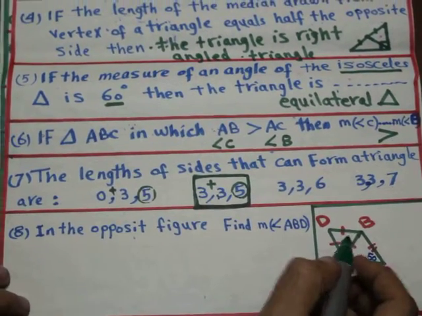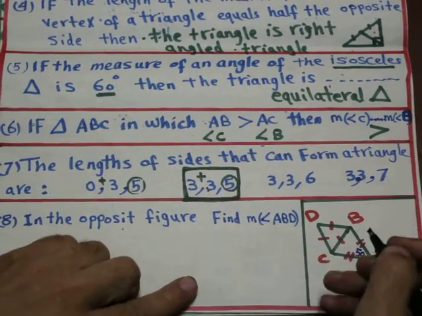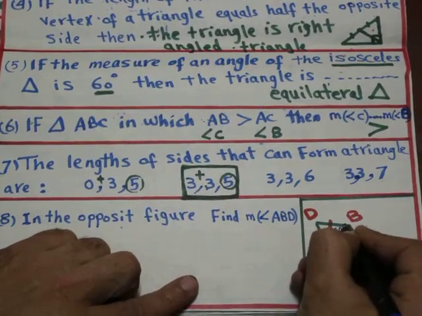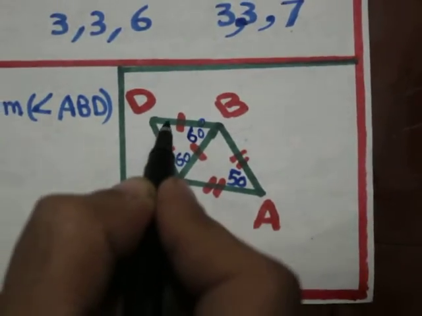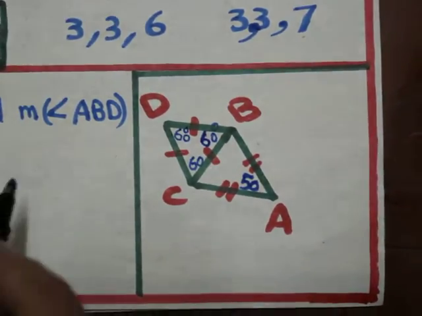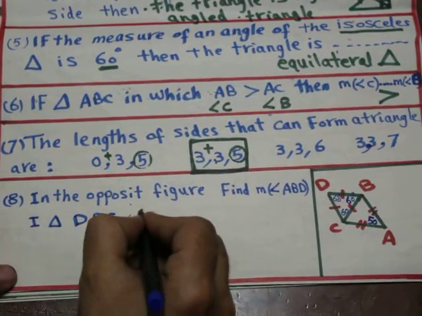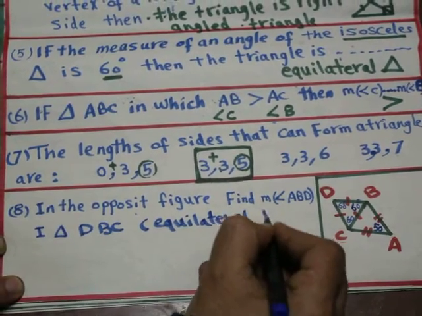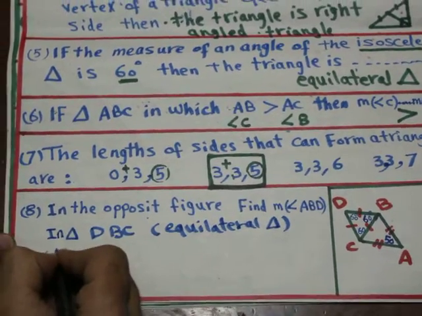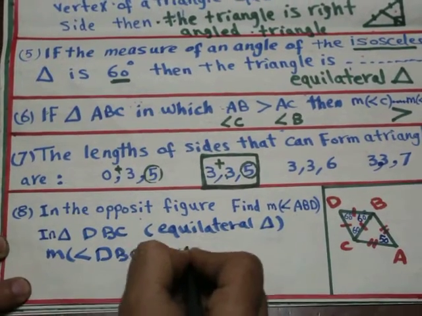So this angle equals 60 degrees. So we have measure of angle B 60 degrees, measure of angle C 60 degrees, and measure of angle D is 60 degrees. So in triangle DBC, which is an equilateral triangle, measure of angle DBC equals 60 degrees.